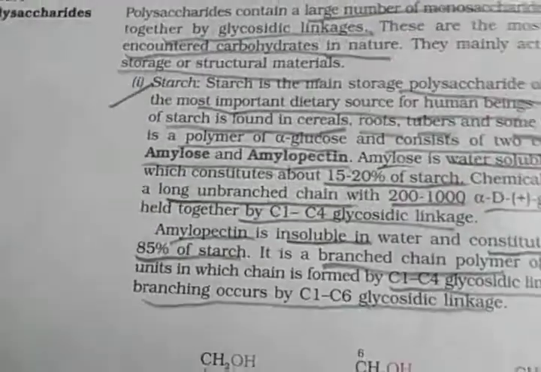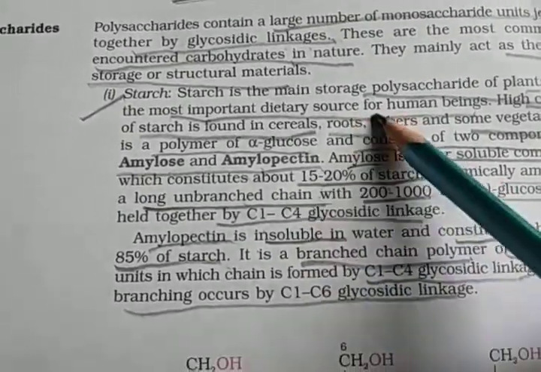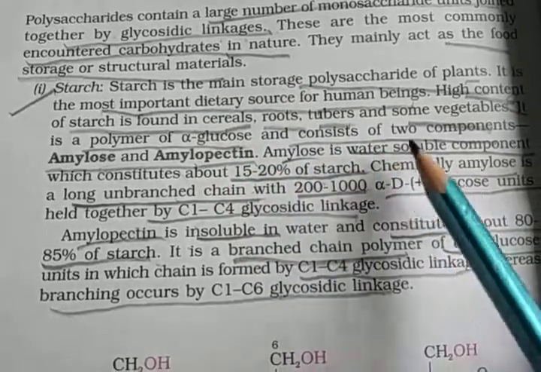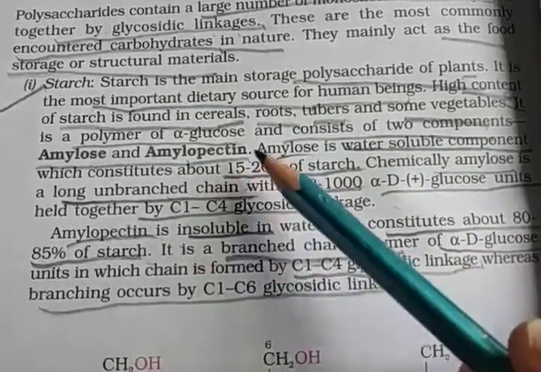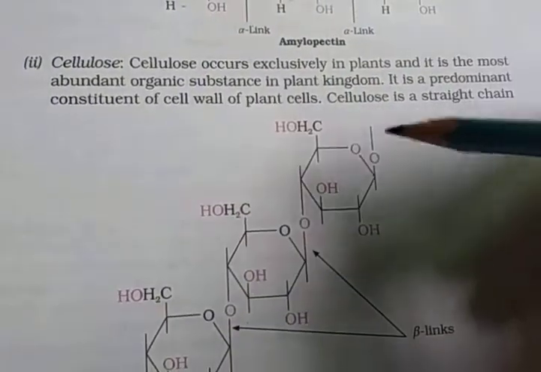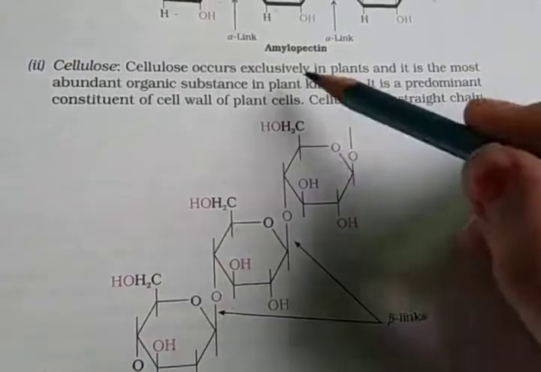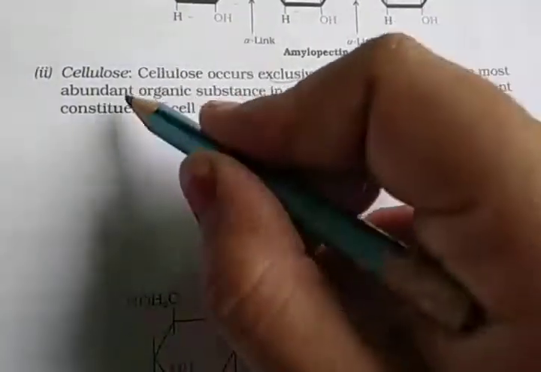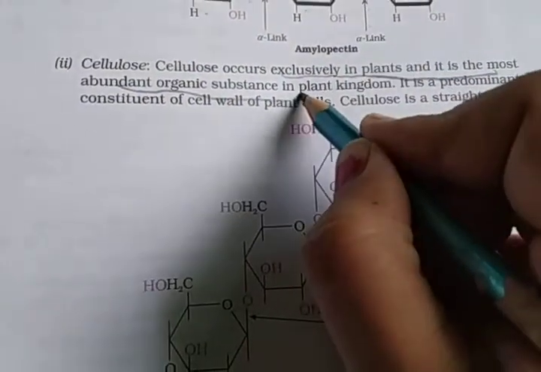So first example, starch is the main storage polysaccharide, and it consists of two components, amylose and amylopectin. Second example is cellulose. Cellulose occurs exclusively in plants, and it is the most abundant organic substance in the plant kingdom.